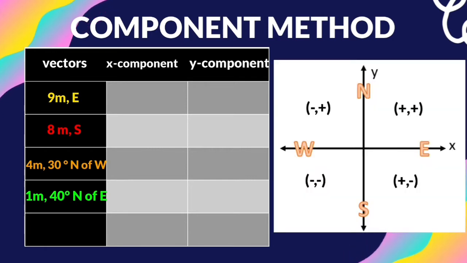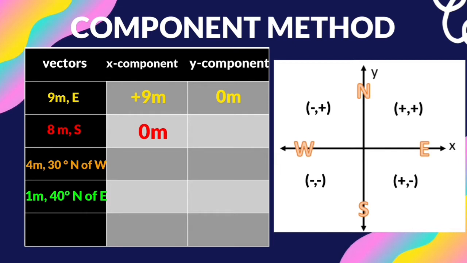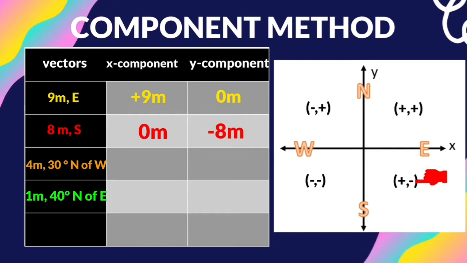Our first vector is 9 meters east. Our x component is positive 9 meters and y component is 0 meters. Our second vector is 8 meters south. Our x component is 0 meters and y component is negative 8 meters.